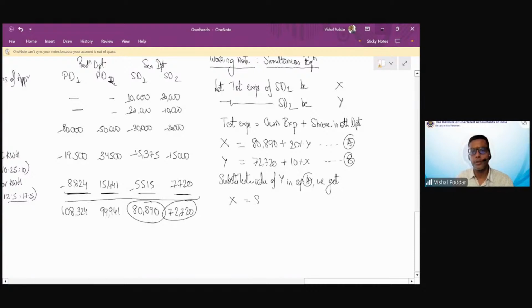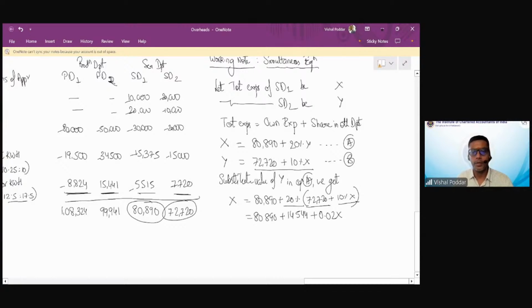So equation A is this plus 20% of Y. Y is this, 72,720 plus 10% of X. So it is 8890 plus 72,720 cut 20%, 14,544 plus 10% into 20% is 0.02x.